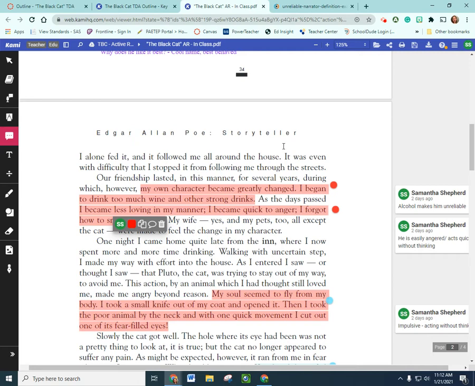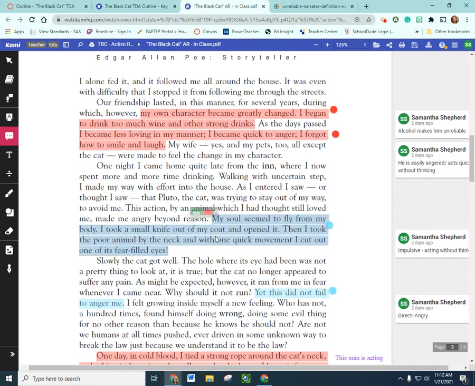A quote that we could use talks about how his character changed. One night I came home quite late from the inn where I now spent more and more time drinking. Something like that would work, or talking about how he's greatly changed. I'm going to choose this.